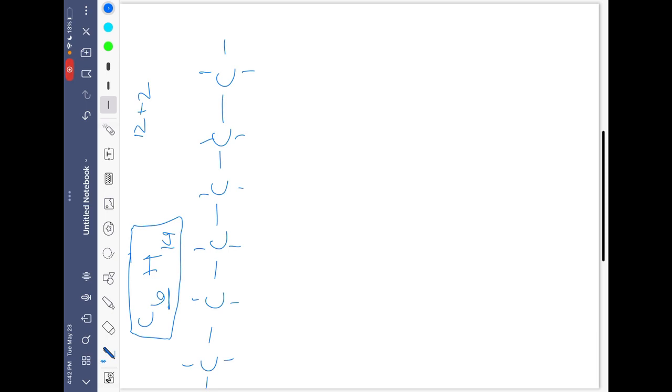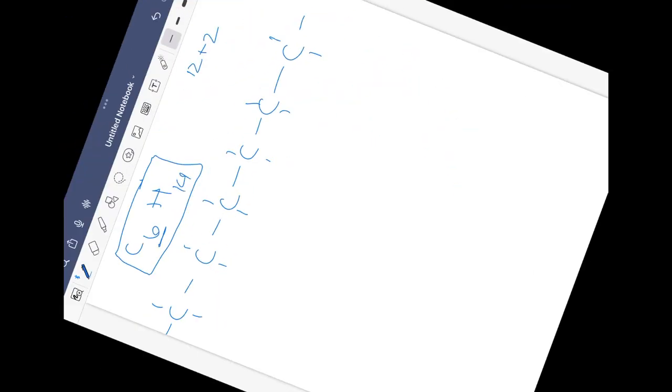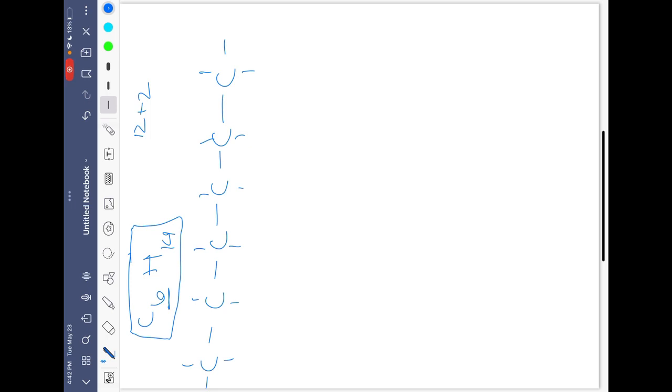Next is, what are the name and molecular formula of an alcohol derived from hexane? So, we know that with our alcohols, all we do is add an OH at the end. So, let's just pretend that the rest of these are H's. I'm just not going to write all those out, whatever. So, we're going to make this our alcohol. So, technically, this would be called hexanol. That sounds very weird, but that's how it's supposed to be.